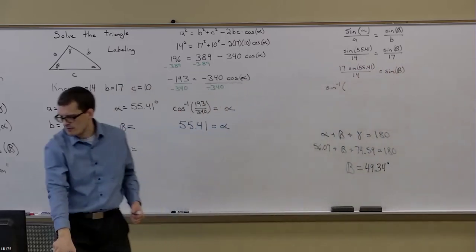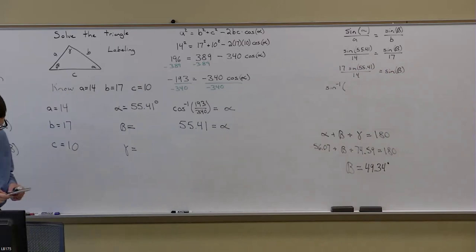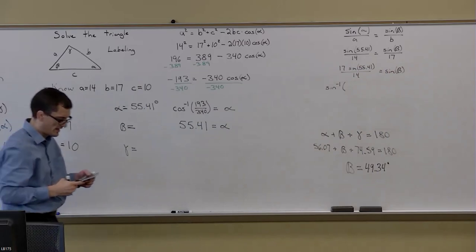I don't know what that number is, but we'll figure it out. 17 times sine 55.41 divided by 14 gives me like 0.9996.